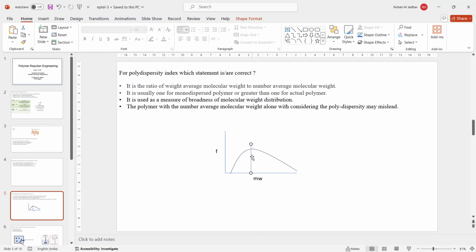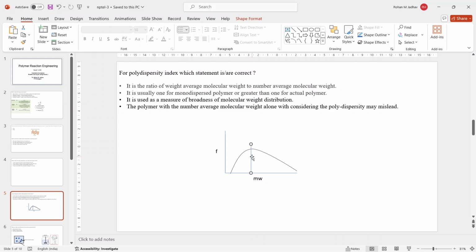Now that is again true, since actual polymerization processes cannot produce all equal length polymer chains. That's why monodispersity is very difficult to achieve, and it is always greater than one for the actual polymers seen in real time. So that statement is correct.